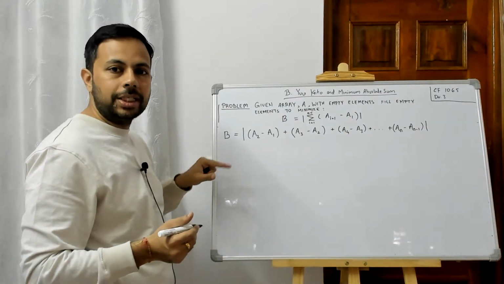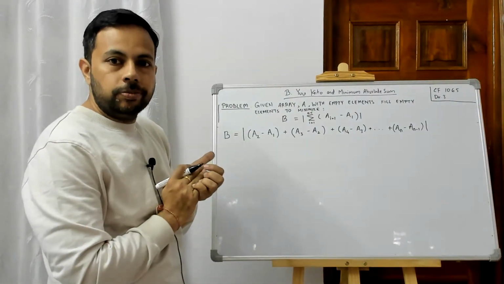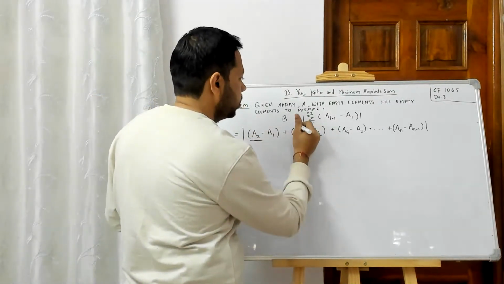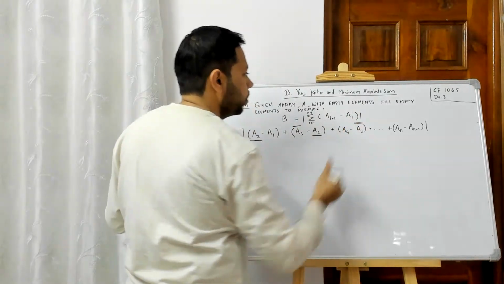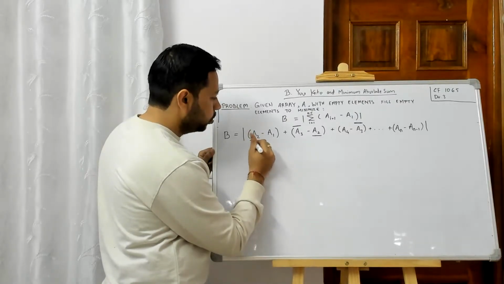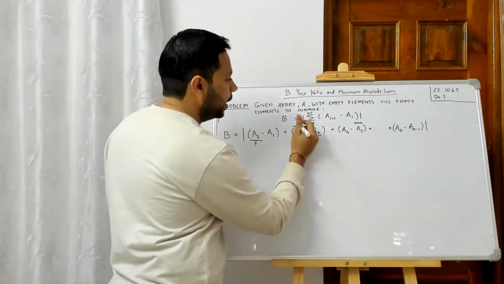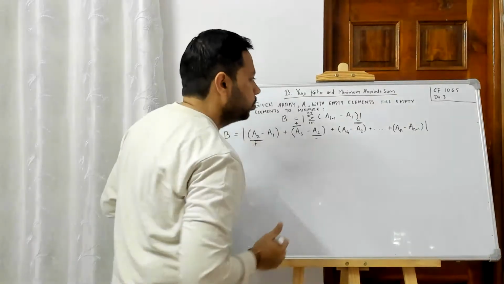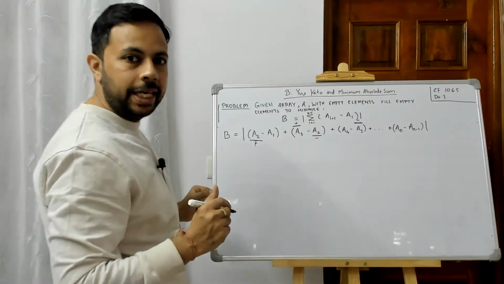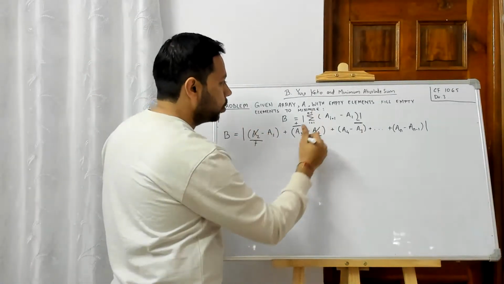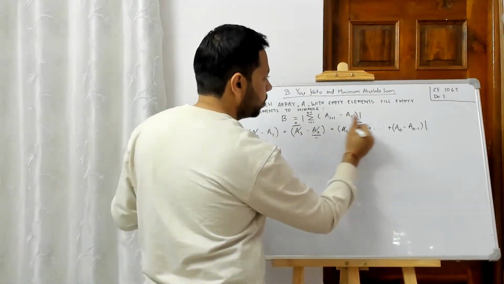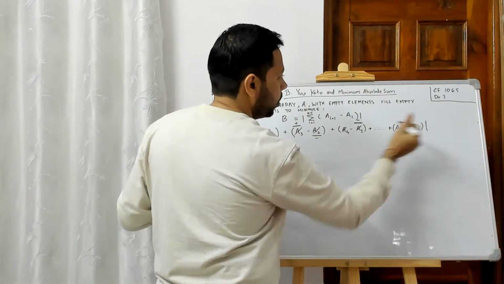Do you see something interesting in this expression? This a2 is plus here and minus here. This a3 is plus here, minus here. So if I simplify this expression down, this a2 will cross this a2, this a3 will cross this a3, this a4 will be crossed by something here, and this an minus 1 will also be crossed.